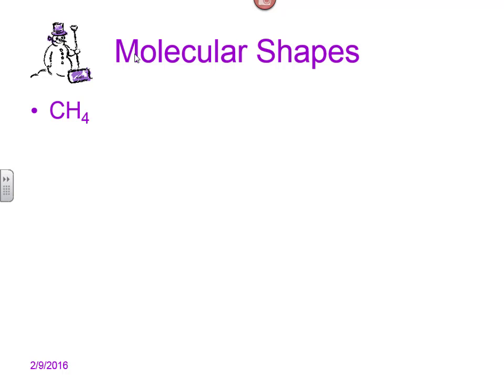Which really tells you what it is, even without looking for unshared pairs, because we only had one shape with 4 bonds. Here's what your line structure would look like. What shape was this one? Tetrahedral.